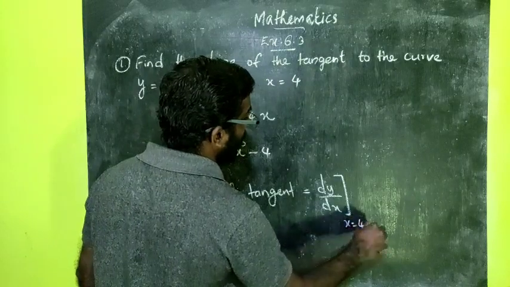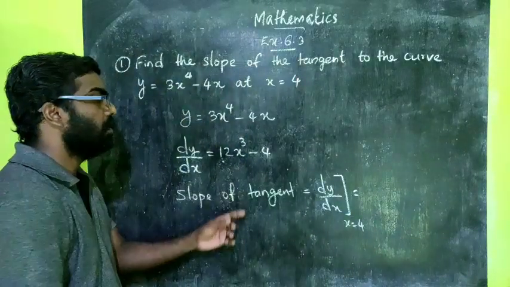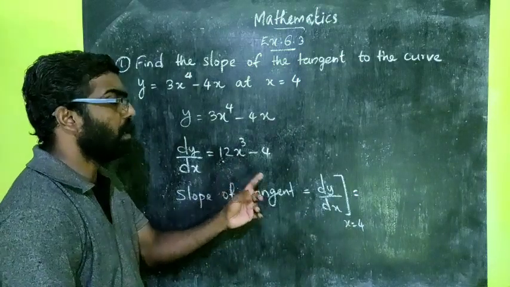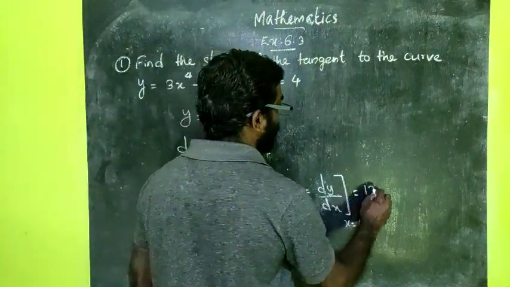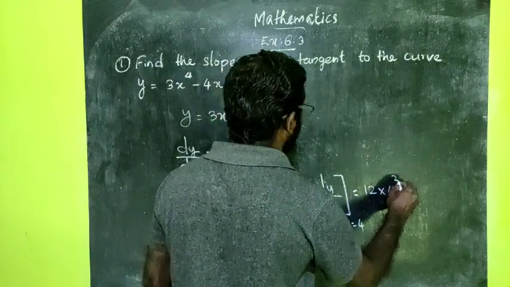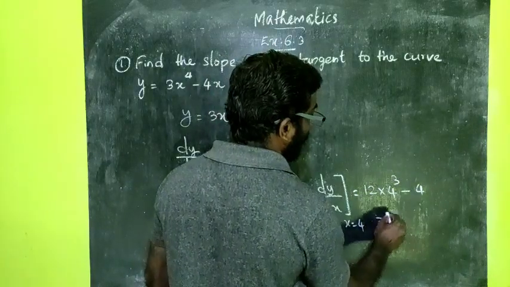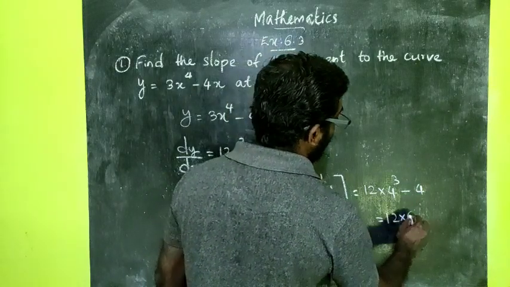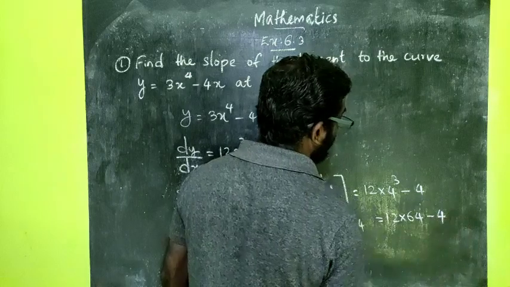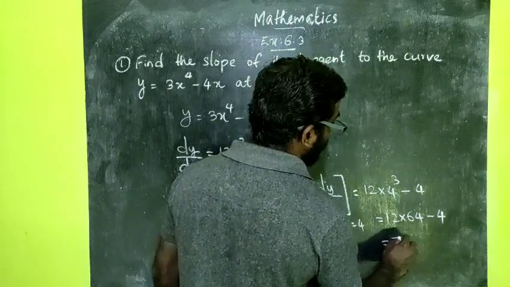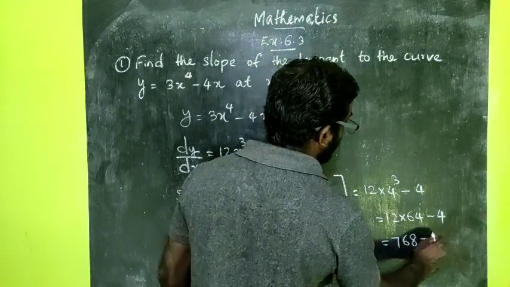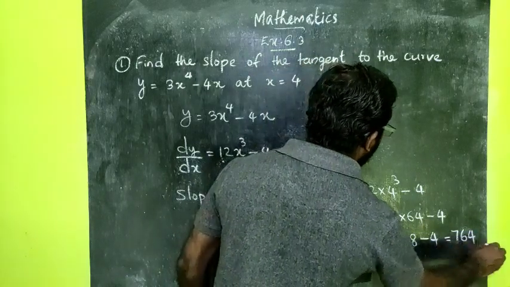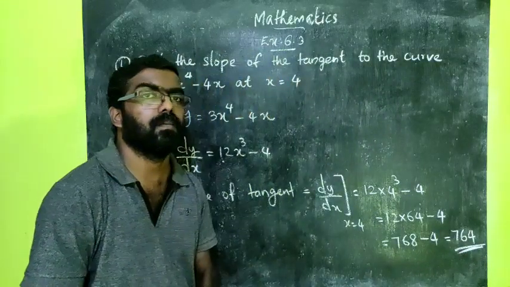So at x equal to 4, that means we have to replace the value of x by 4. 12 into 4 cube minus 4, which is equal to 12 into 64, then minus 4, which is equal to 768 minus 4, and which is equal to 764. Okay.